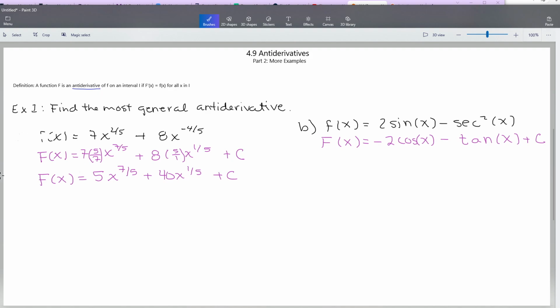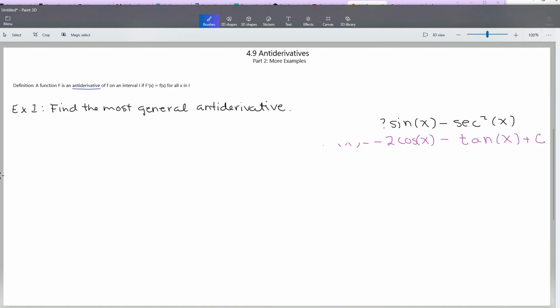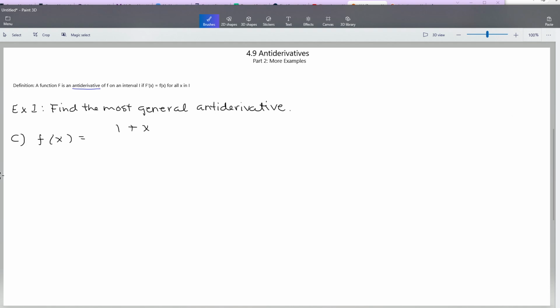Now let's talk a little bit more about if you have to do some more work to find the antiderivative. So let's look at what if our function is a little bit more complicated. Okay, so the best thing we can do here is simplify this before we look for the antiderivative.